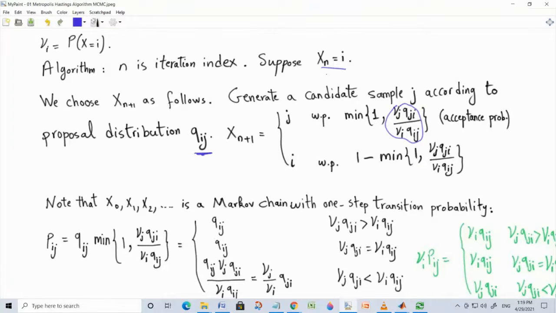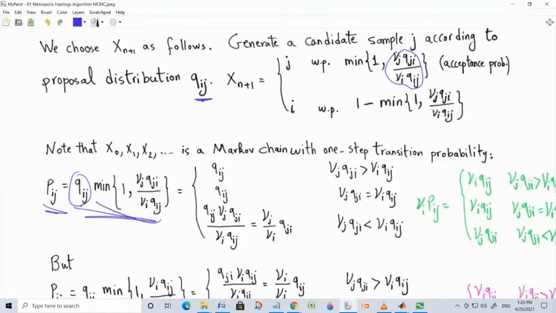The probability of making a transition from i to j, P_ij, is the multiplication of two factors. To go from i to j, you first need to propose j, which happens with probability Q_ij, and then you can accept it or not, so you multiply by the probability of acceptance. This is the transition probability from i to j.